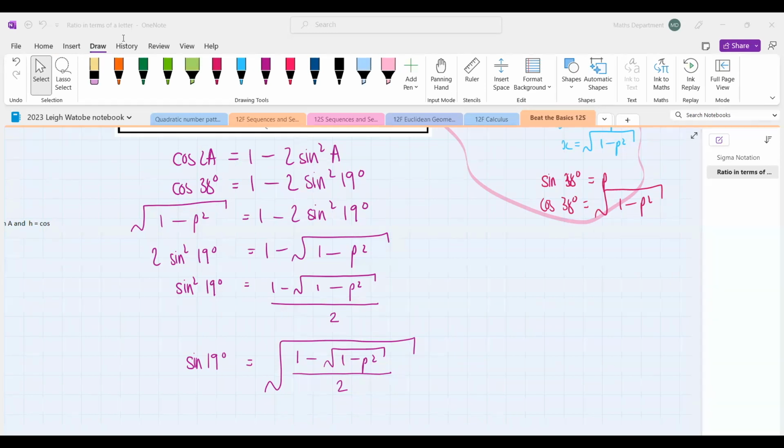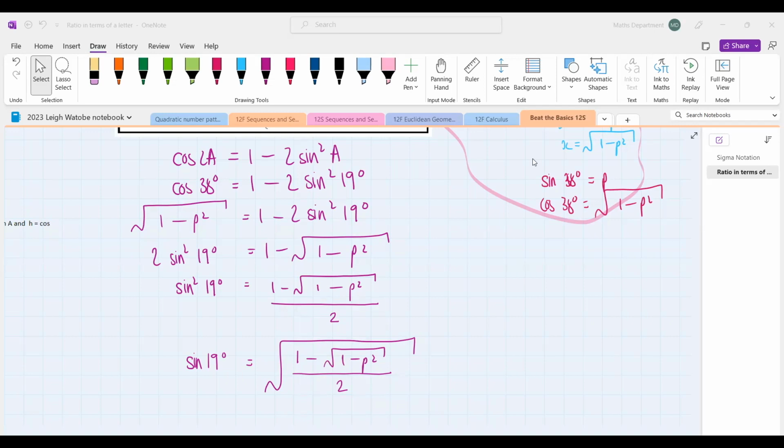Bali. Okay, so you know how we got from sine 38 to cos 38. We were just using our diagram. Anyway, so I'm glad we got a chance to revise the basics. And we also got a chance to do something that was a little bit more difficult.